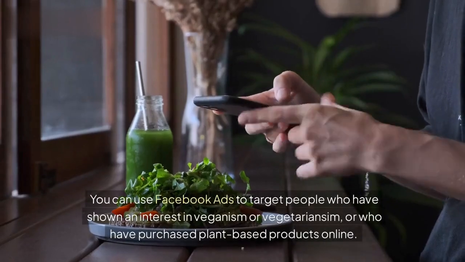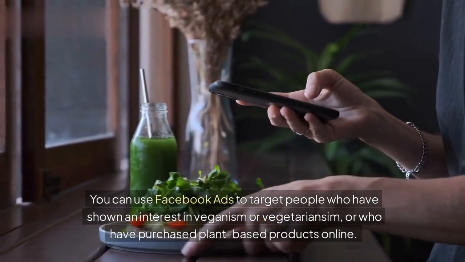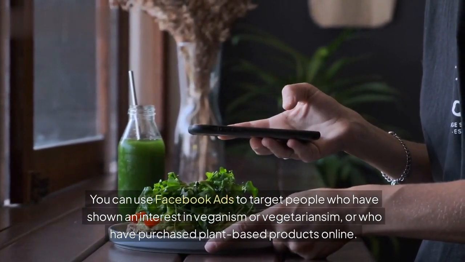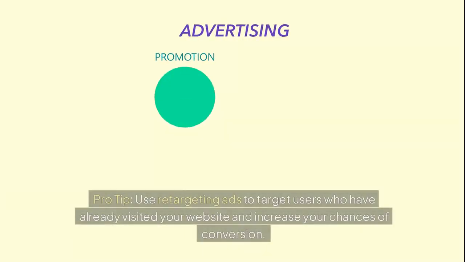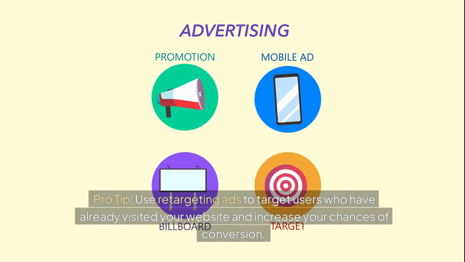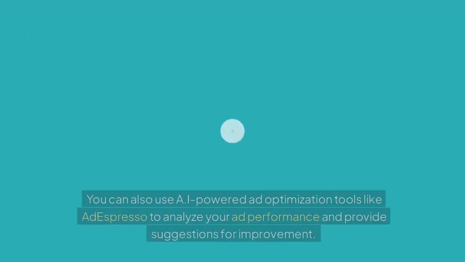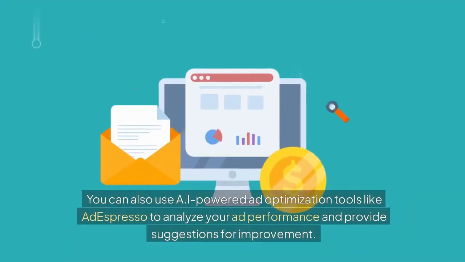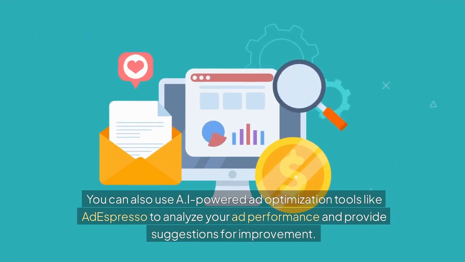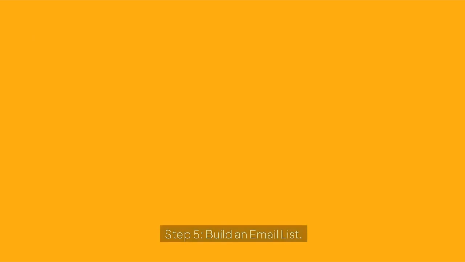You can use Facebook ads to target people who have shown an interest in veganism or vegetarianism, or who have purchased plant-based products online. Pro tip: use retargeting ads to target users who have already visited your website and increase your chances of conversion. You can also use AI-powered ad optimization tools like AdEspresso to analyze your ad performance and provide suggestions for improvement. Step 5.